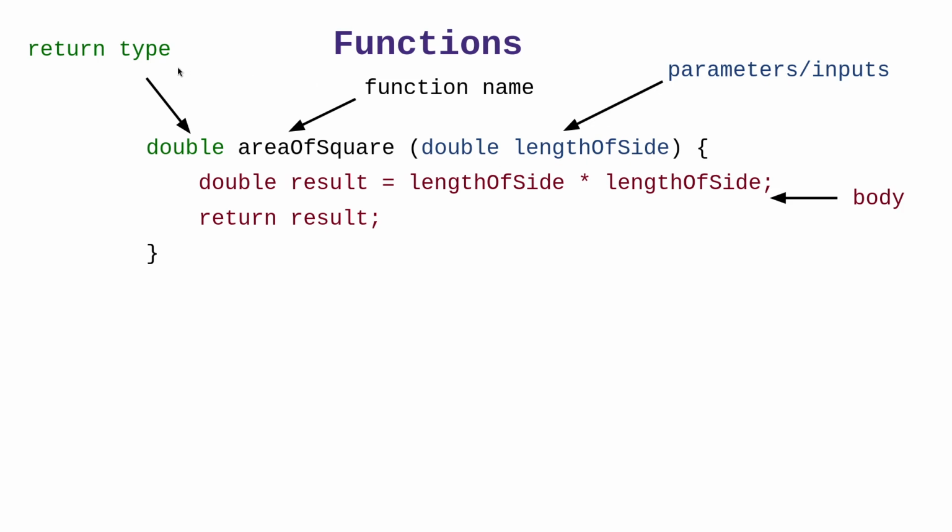And so notice this function has a specific purpose, and that purpose is to find the area of a square. Obviously we know from high school math that to find the area of a square, it's length of side times length of side.